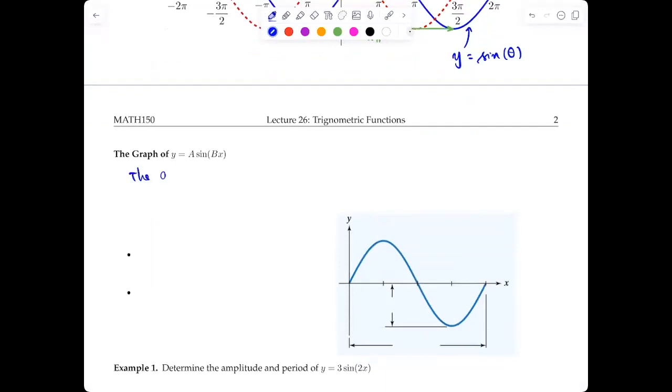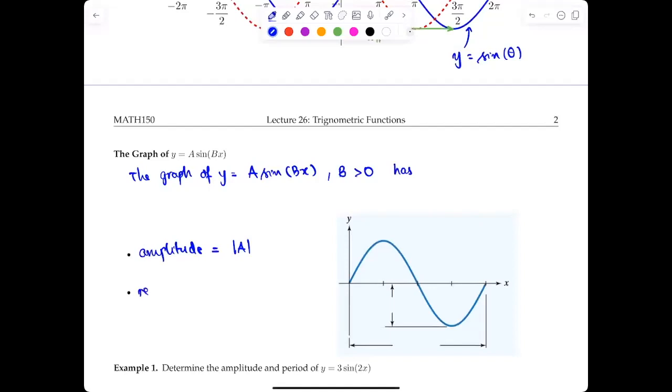The graph of y equals A times sine of Bx, for B greater than 0, has... So you see in the formula there are two numbers, capital A and capital B. Capital A is the amplitude, which is equal to the absolute value of A. What that means... And the period is identified by the formula 2 pi divided by capital B.